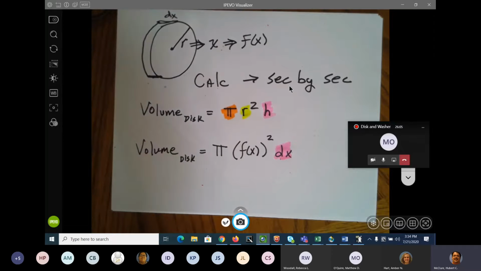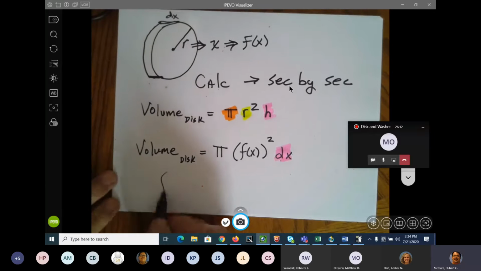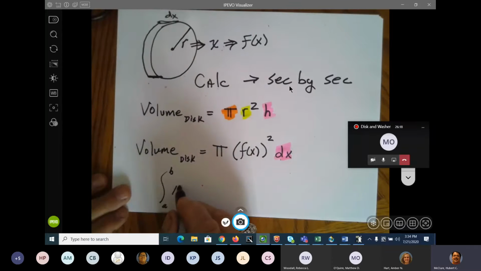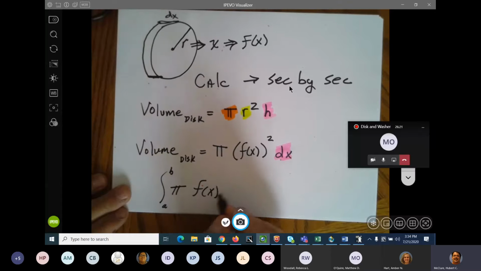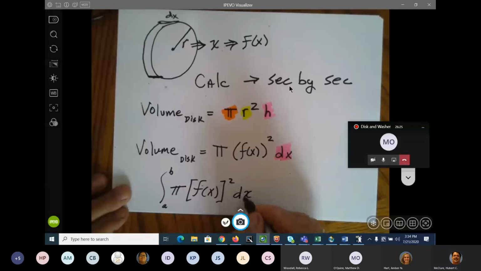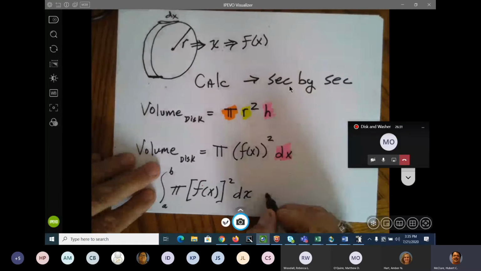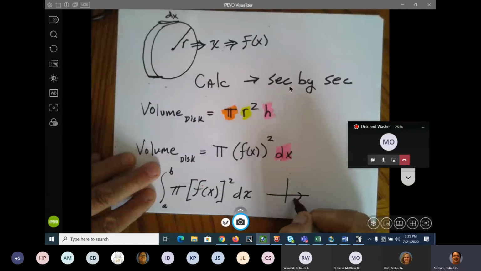So, if that's the case, then all you have to do is apply the limit theory and say the antiderivative from a to b of pi f of x squared dx. And that's going around the x-axis.